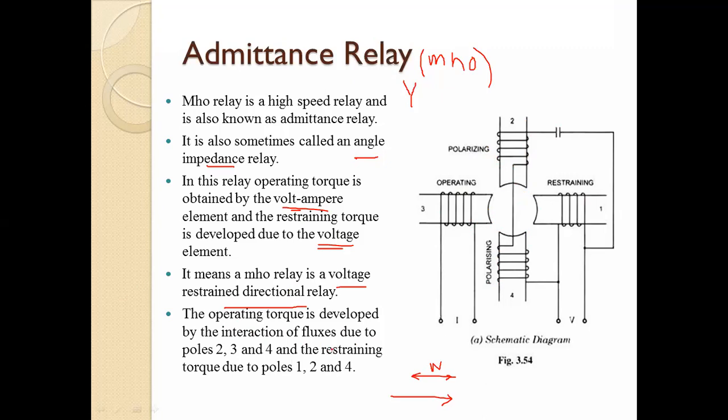The operating torque is developed by interaction of 2, 3 and 4, that is two polarizing and one operating coil. The restraining torque will be developed by two polarizing and one restraining coil, that is 1, 2 and 4.